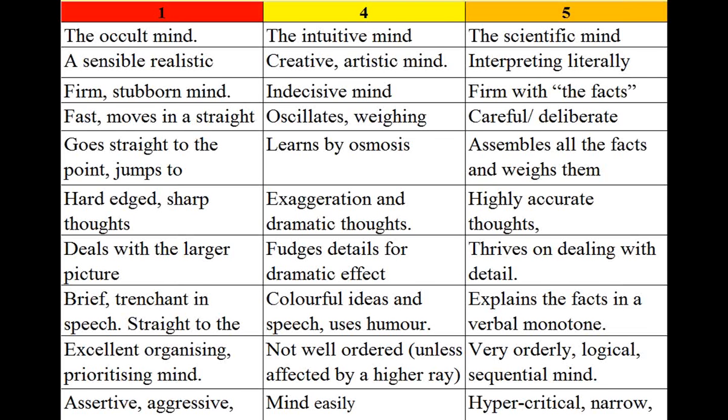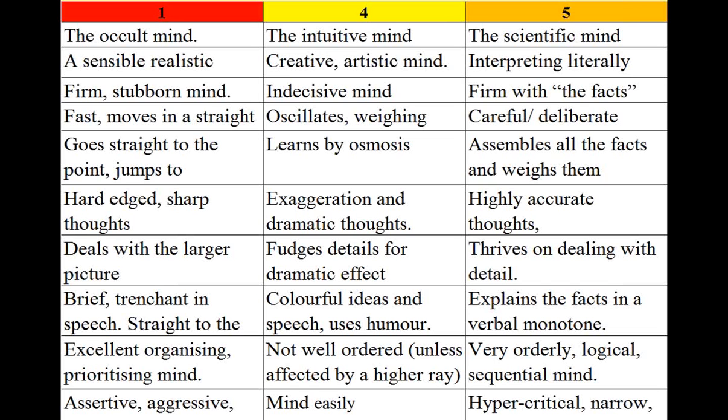Where I might try and come at it from another direction, and if we had a Ray 5 person in the argument, they would prove us both wrong because that person had all the facts and would trot them out to shut us up. So I've given a little synopsis of these types of minds.